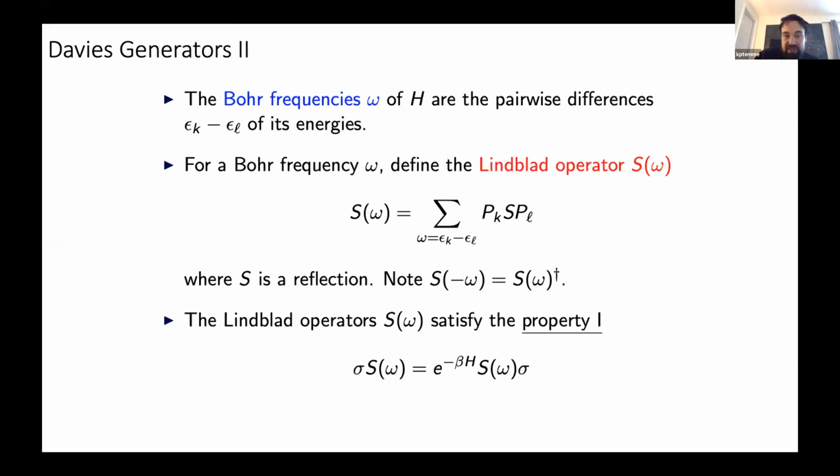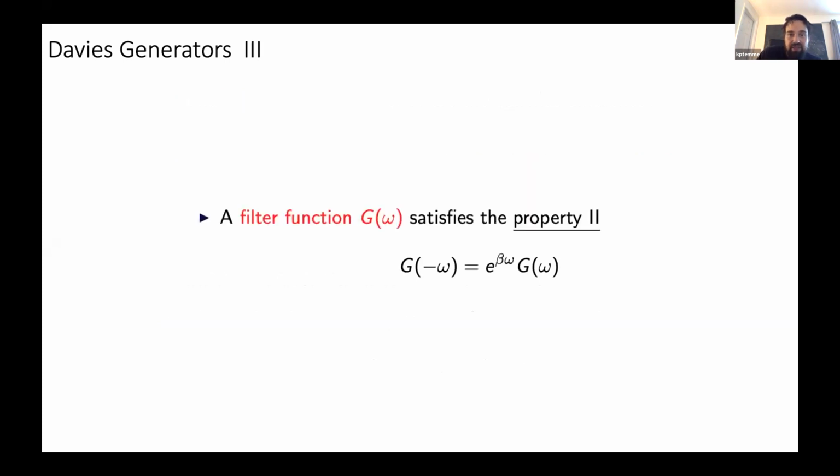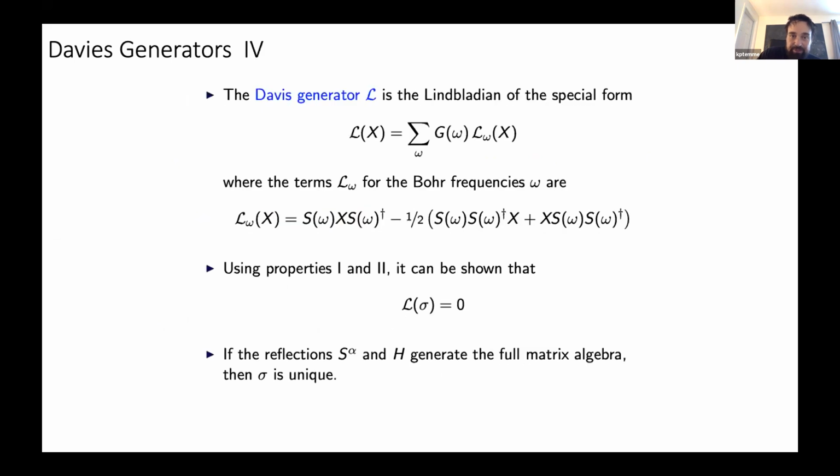Essentially what this means is that these S omegas are eigenvectors of the modular operator. That's written here. And then we assume there is a filter function that has this symmetry property. That's essentially all that you need. And then if you cook that together, you have one version of the Davies generator in the special form that we're considering. It looks like a Lindbladian and has all the properties that we wanted to have.